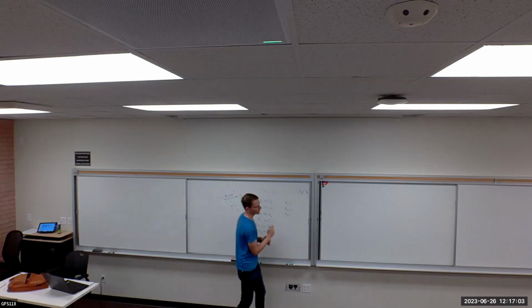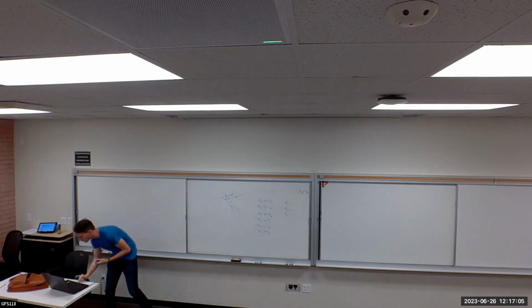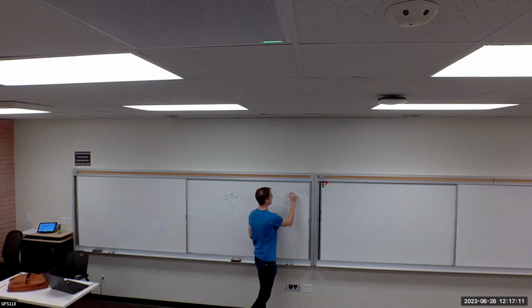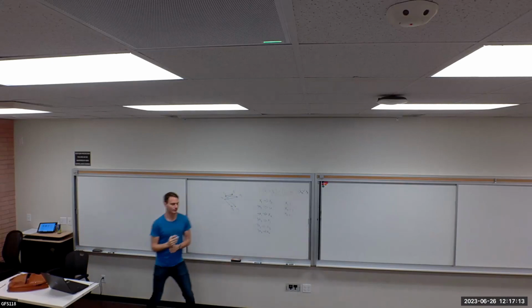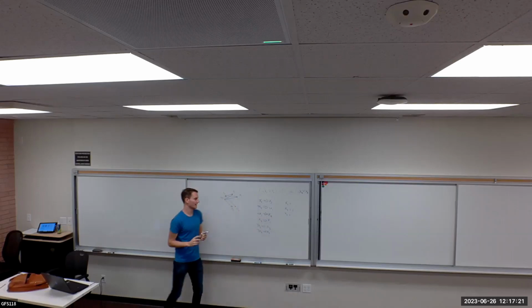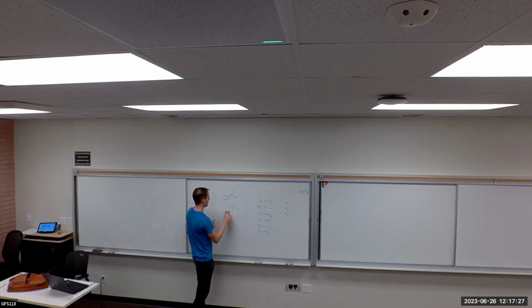Is x2 in all of the clauses? Oh, x1. I wrote it down, so these should be flipped. That is a useful piece of information. So let's make some edits in our graph. Maybe we should just remake it.